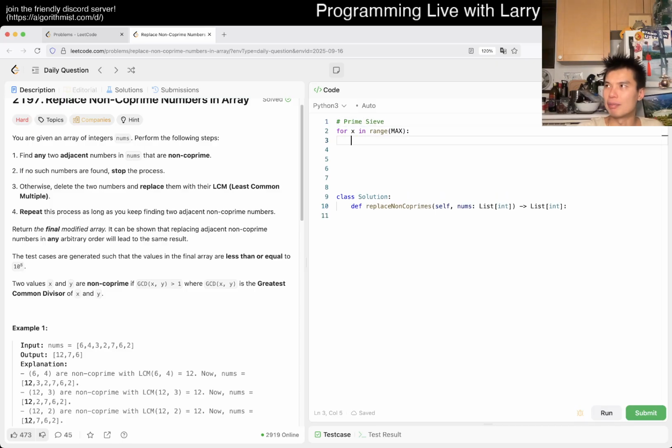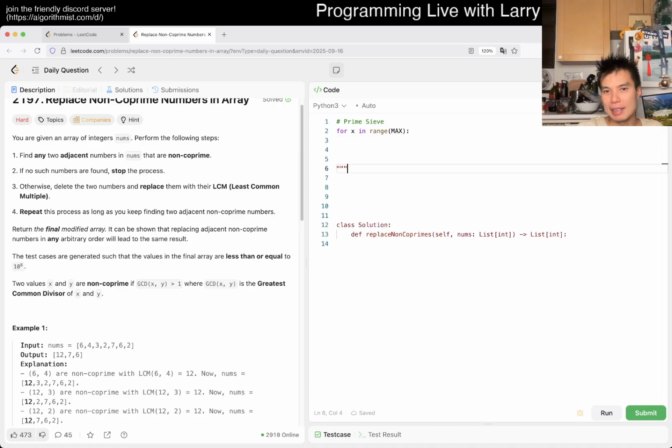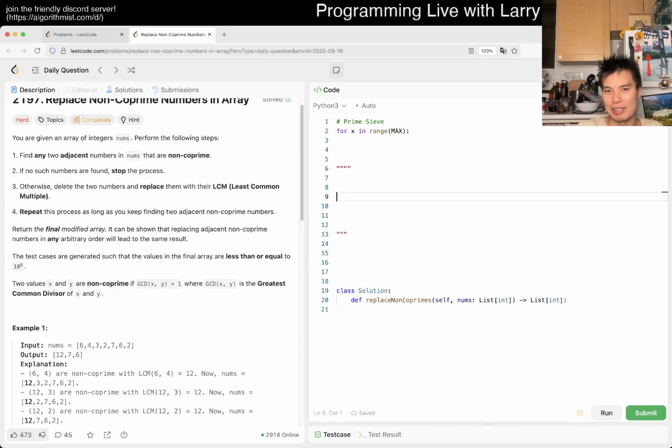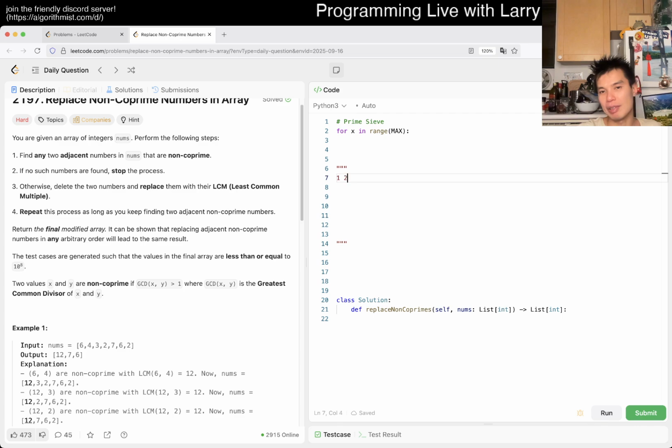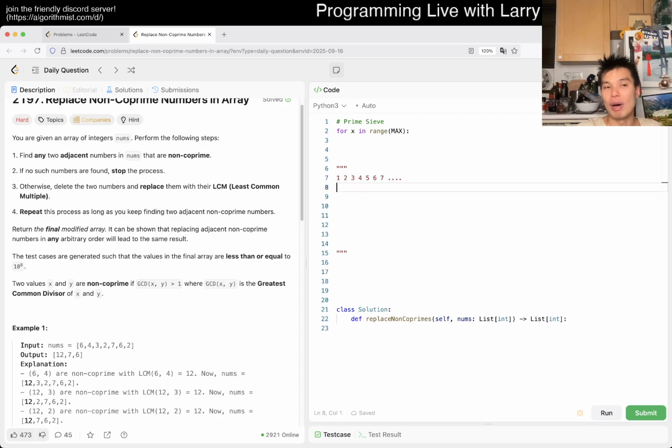I mean, I think divisor may be a little bit cleaner, but the idea behind the sieve, sorry, I'm kind of jumping all over the place because I'm still trying to verify in my head, right? The idea behind the sieve is that you have a lot of numbers, right? And then, well, what is a prime number?